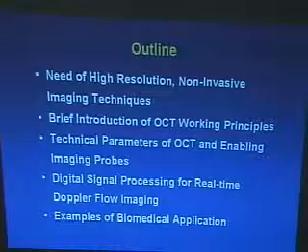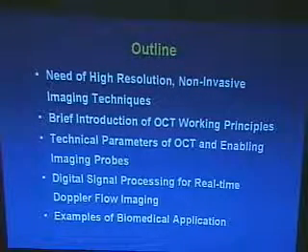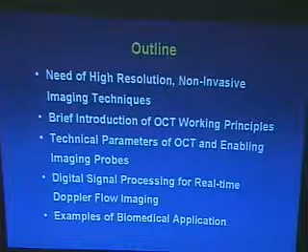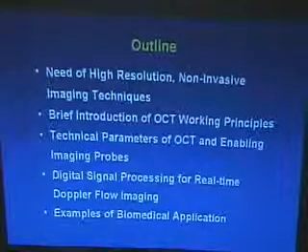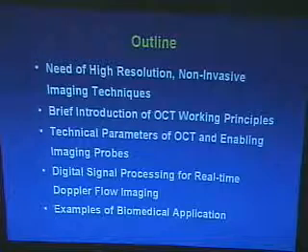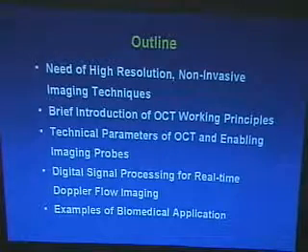And then I'm going to switch to talking about enabling imaging probes, which allow us to image the internal organs or systems. For any imaging modality, if you can do whole body imaging, then that's okay. Otherwise, you need special probes to deliver the signal and to detect the signal back from the biological tissue.